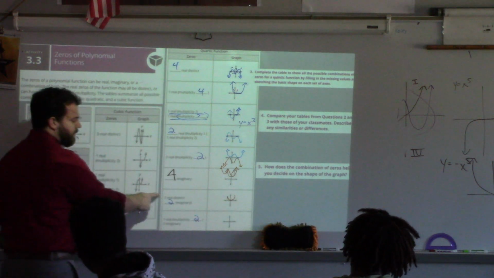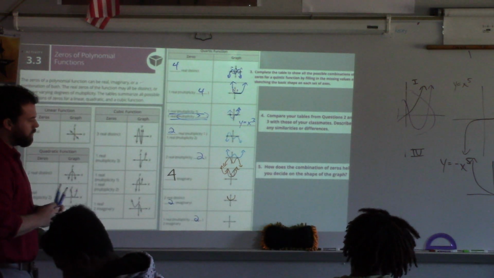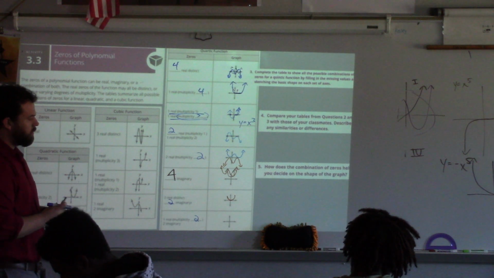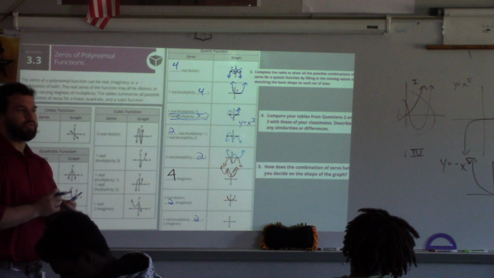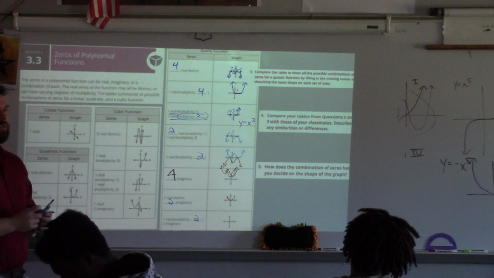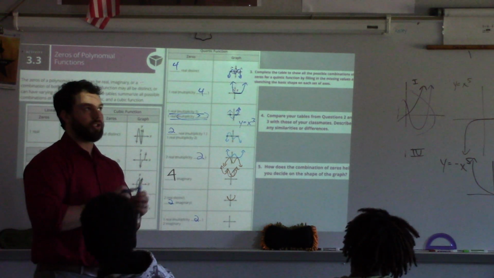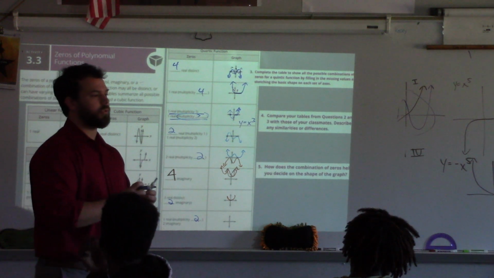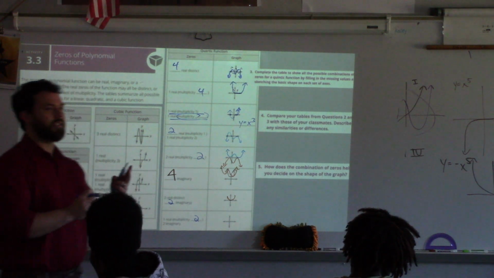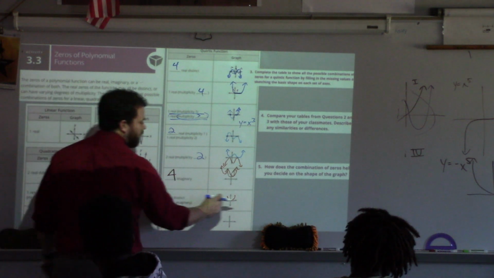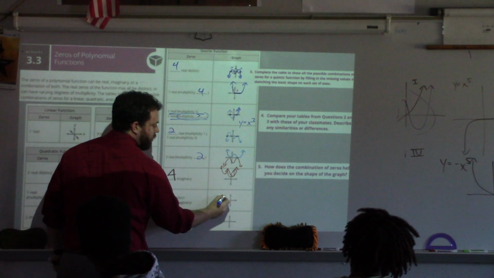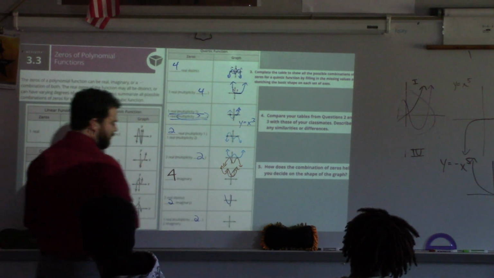For this one here, do I have 2 real distinct roots? What does it have to do to have 2 real distinct roots? You're thinking if it's just touching, it's multiplicity of 2. If it's 2 distinct ones, it has to go through it. So through and through.